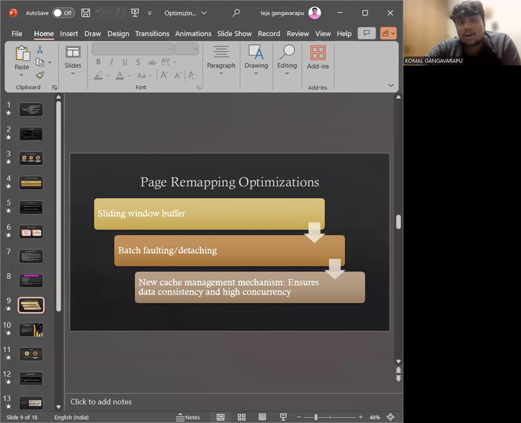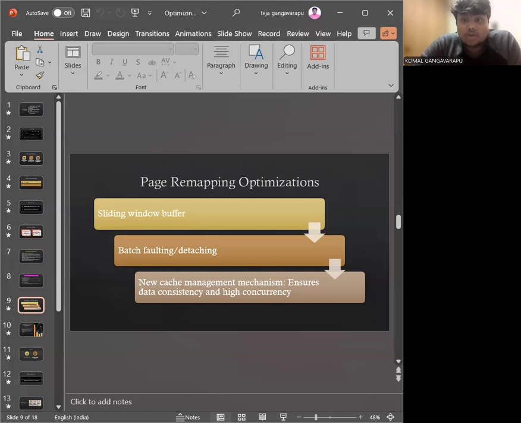The other improvements are page remapping optimizations. This slide mainly discusses page remapping optimizations, which are also part of FlatCache and are crucial for enhancing data transfer efficiency and maintaining high performance in file systems utilizing heterogeneous memory architectures.